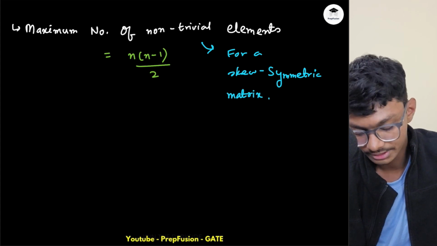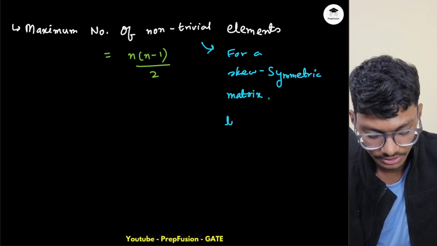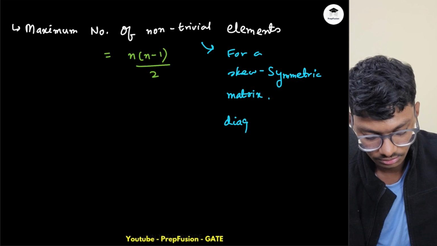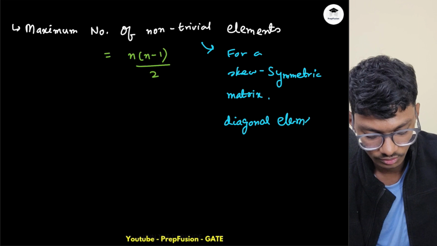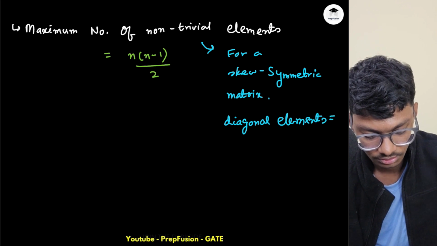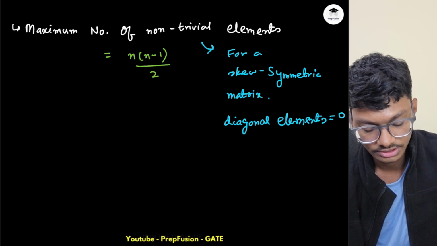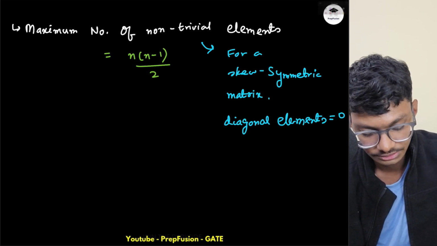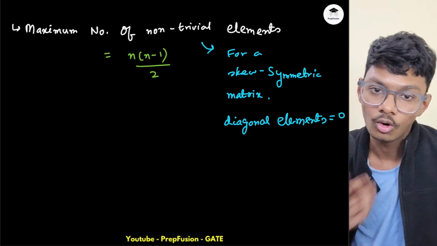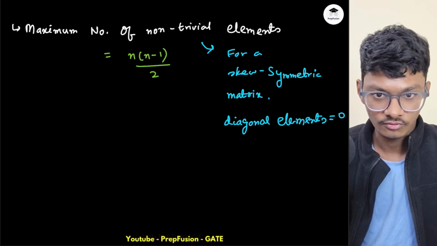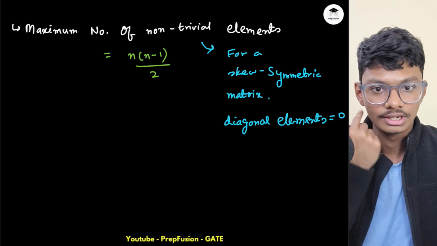What is the other thing known? It is basically the non-diagonal elements. If you know one half of the non-diagonal elements, the other half will be the negation of it.